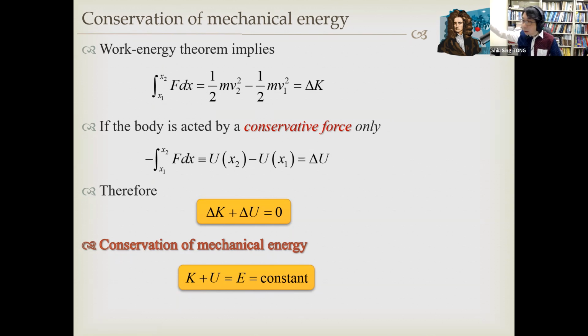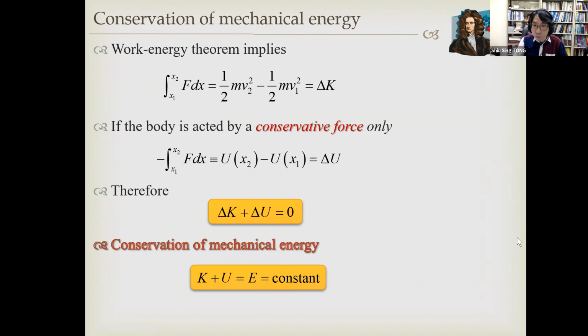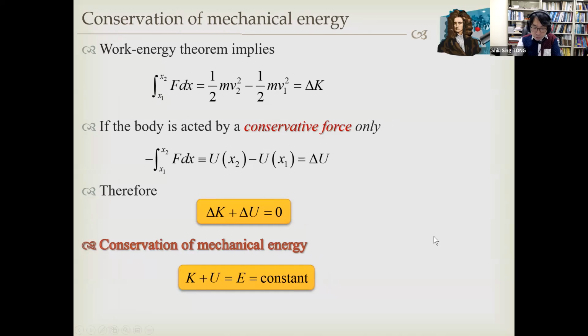Now you may not be quite familiar with the differential notation like this, because I involve the delta here in this equation. But you can always think of the differential: the delta is just the d. When the delta gets infinitesimally small, it becomes the derivative. So what I'm talking about is dK plus dU being equal to 0.